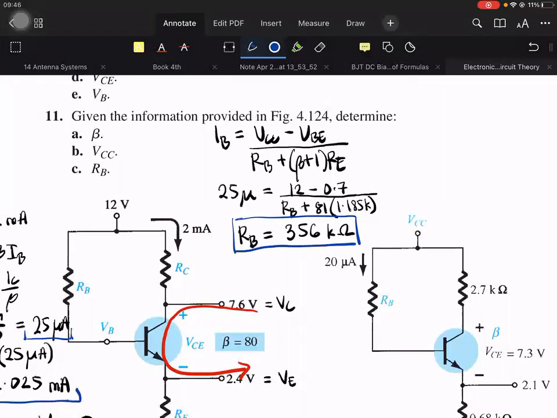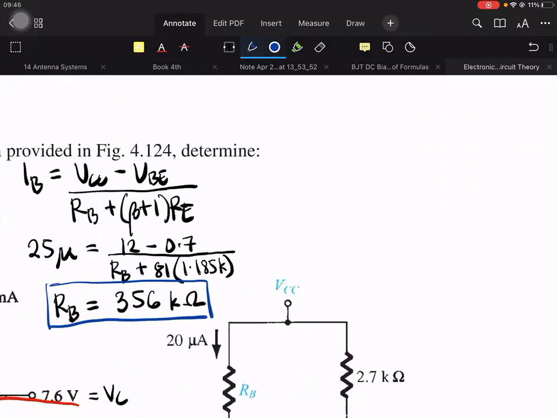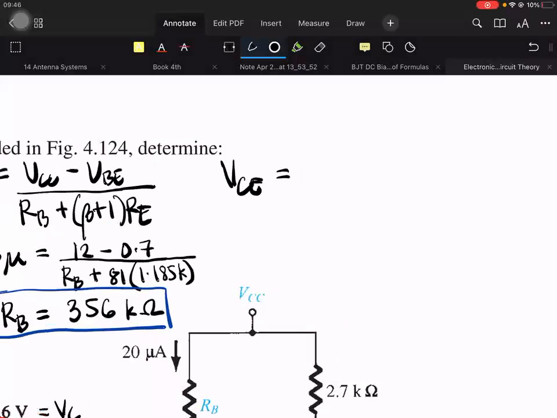Last is RC. We know we can find RC using the formula for VCE, and we put it in the table. VCE is equal to VCC minus IC times (RC plus RE).